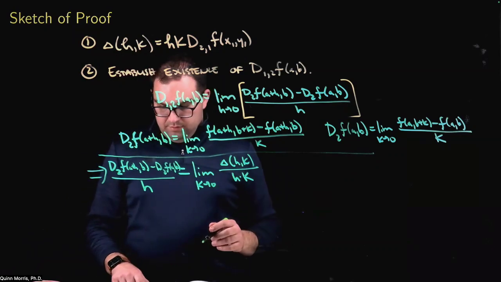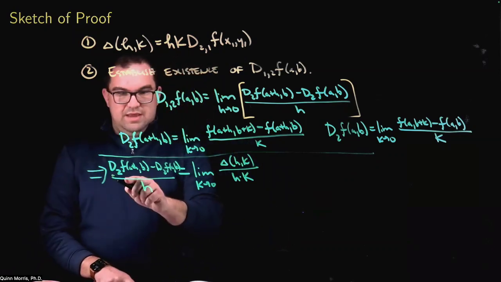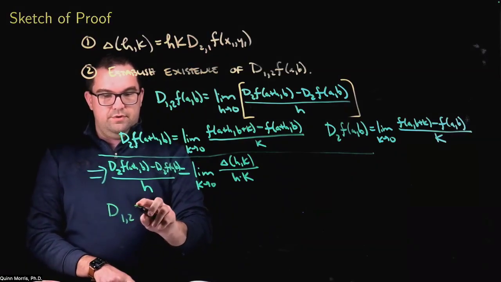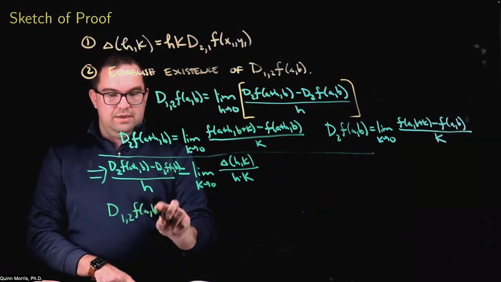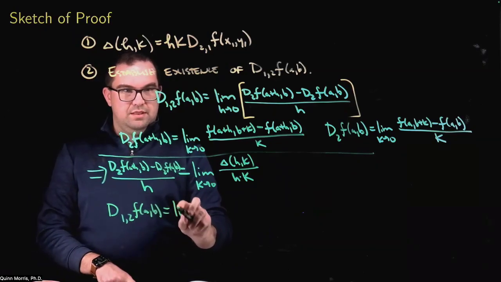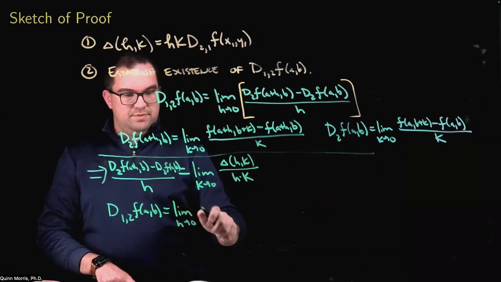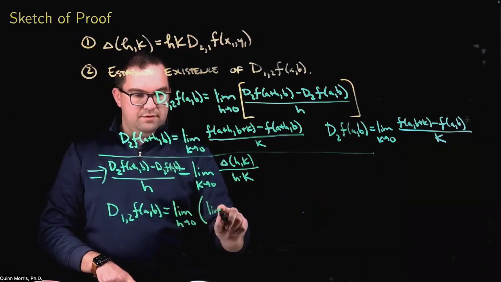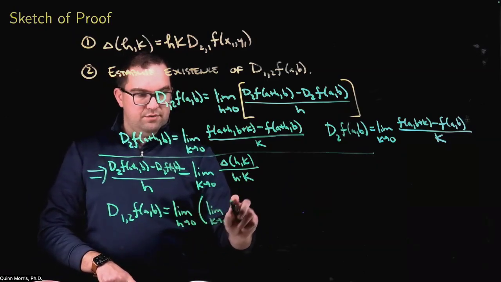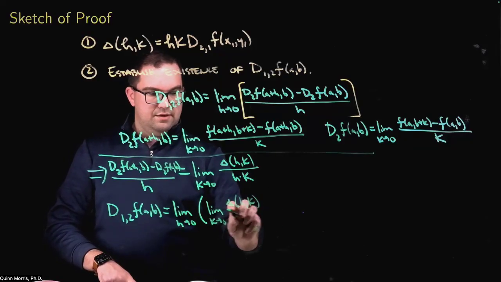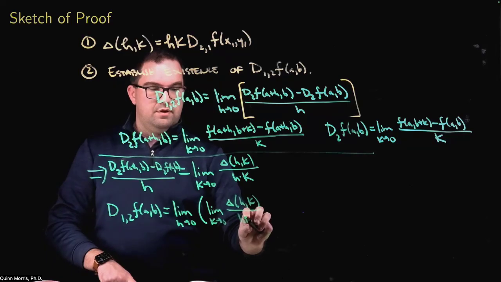And now you need to take a limit as H goes to 0 of this. So D12 F of AB should be the limit as H goes to 0 of this thing in orange brackets, but that thing in orange brackets is the limit as K goes to 0 of delta HK over HK.